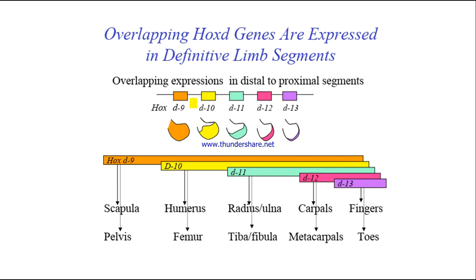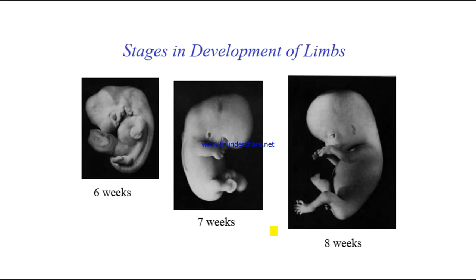So if for any reason any of these areas were switched off, or they were not transmitting their pathways properly, you could have abnormal development of one of the corresponding regions, such as HOXD9, scapula and pelvis, or D11, radial and ulnar and tibia and fibula development.